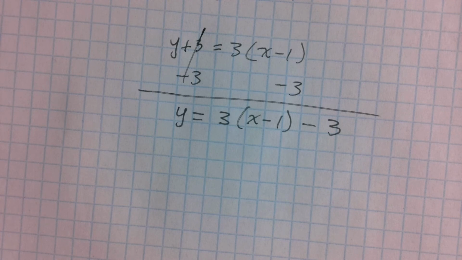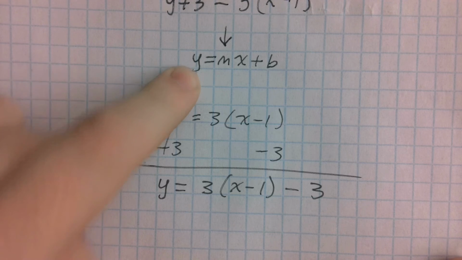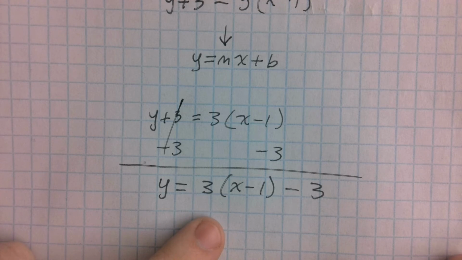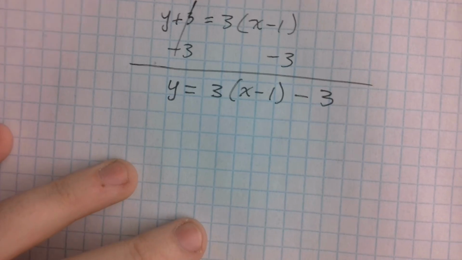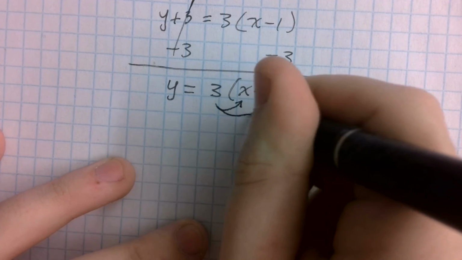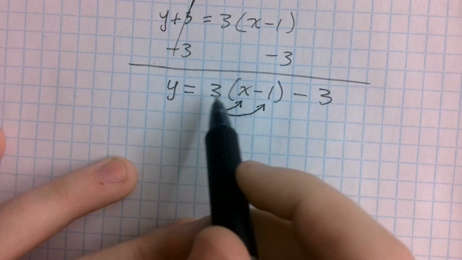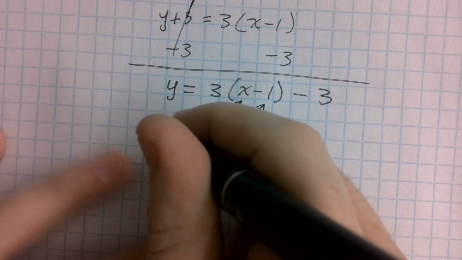Okay, this looks pretty similar to slope-intercept form so far. But we've got to get rid of these parentheses. How do we do that? Does anybody remember how to get rid of parentheses? We have to use a property called the distributive property. We want to distribute. That means multiplying everything in the parentheses by this outside number.